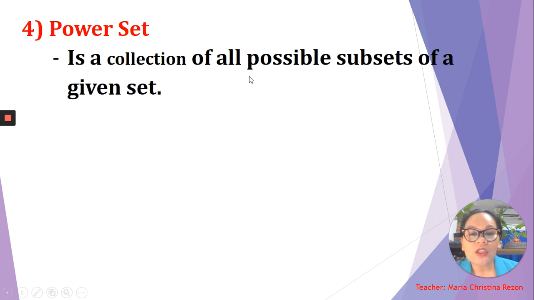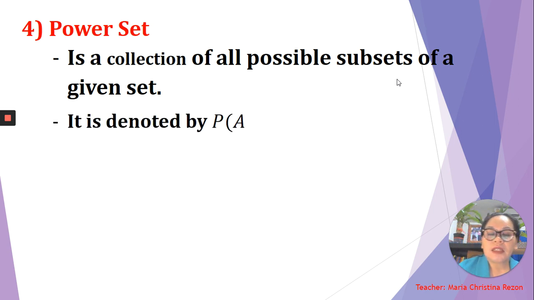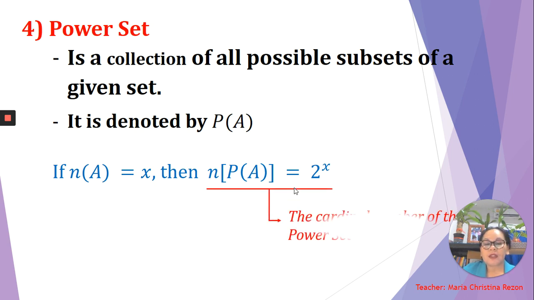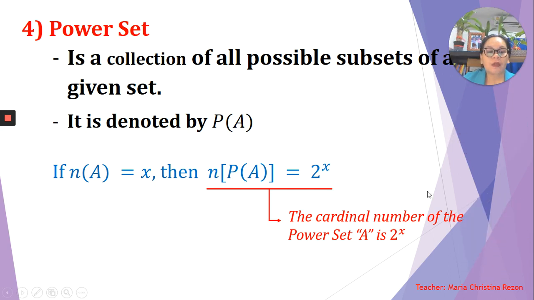Power set is a collection of all possible subsets of a given set, and it is denoted by P of A, or the power set of A. And then if you have n of A is equal to x, then n of the power set of A is equal to 2 to the x. So this is the cardinal number of the power set A, which is 2 to the x.